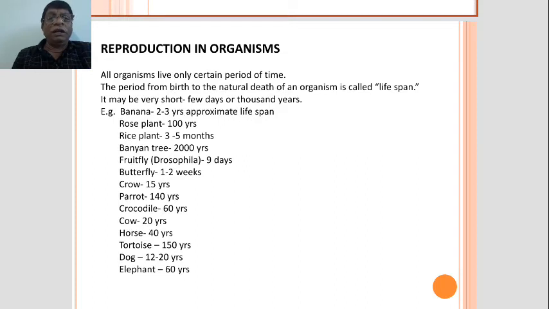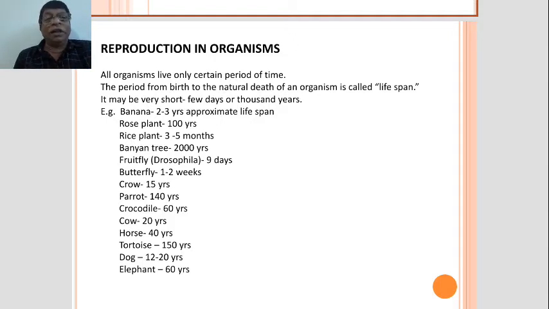Means its lifespan is 2 to 3 years only. So this is the reason after the fruit yielding we cut the banana plant.